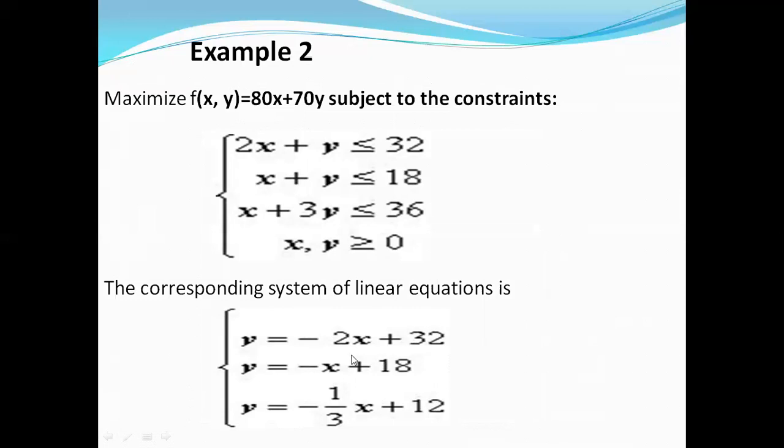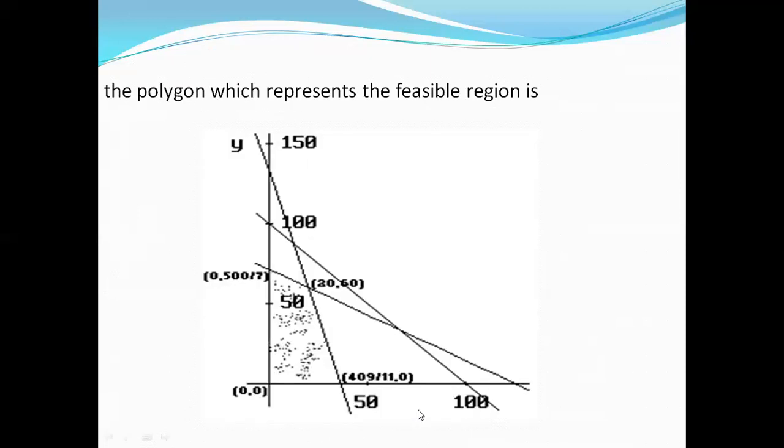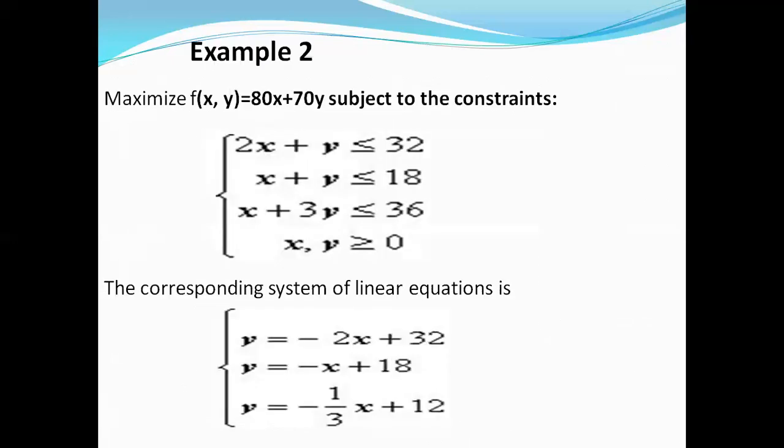When x equal to 0 is applied, y is equal to minus 0 plus 32, that is 32. And if 0 is substituted here, y is equal to 18. And here 0 substituted, that is equal to 12. So 32 is one constraint: 32, 18 and 12.